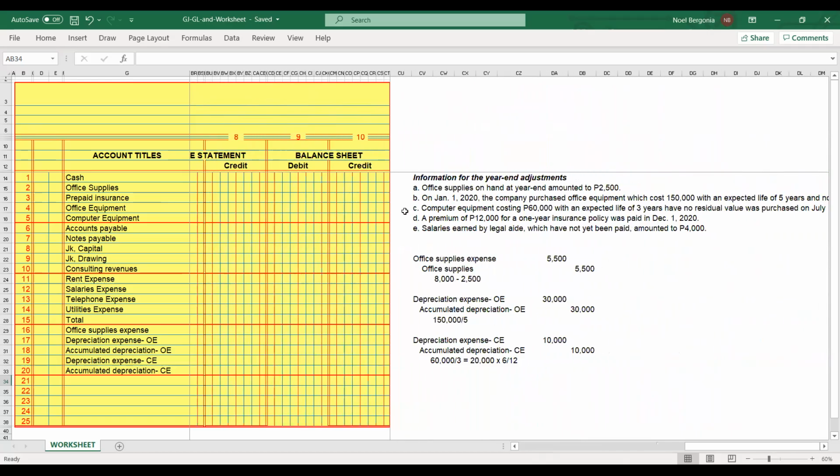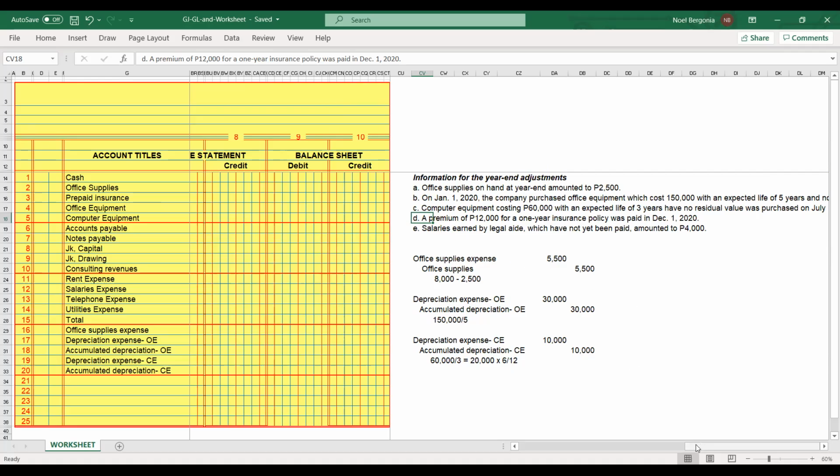Okay, letter D na tayo. So, a premium of 12,000 for 1-year insurance policy was paid on December 1. So, this is a payment of an insurance premium. So, malamang sa malamang, this will be under the adjustments for prepaid expense ulit. Diba? So, pero tignan niyo yung date ha, it started on December 1. Okay, so paano natin malalaman what method, whether asset or expense method yung gagamitin natin for the adjustments?